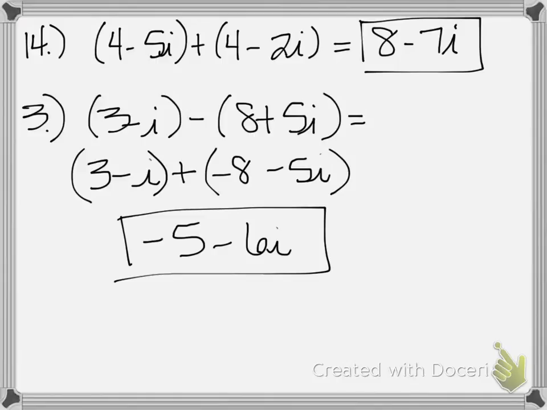I could have got there without rewriting it. I just have to remember that it's 3 minus 8, which is minus 5, and minus i minus 5i, which would still give me the negative 6i. So we're kind of distributing, if you want to think of it that way, that negative sign or that minus sign.